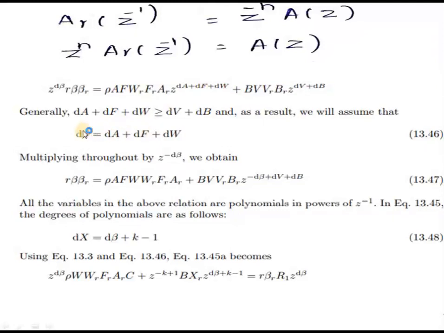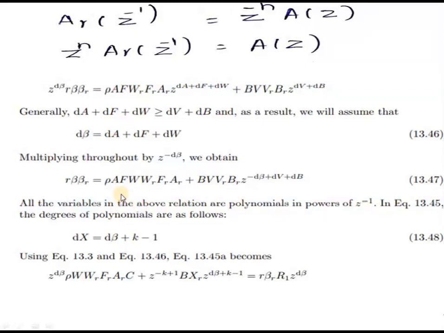Therefore plus d_B minus d_B get cancelled, so z raised to 0 is equal to 1. Now here d_V plus d_B, as we have multiplied with minus d beta, therefore it comes out as minus d beta plus d_V plus d_B. Now all the variables in the above relations are polynomials in z inverse.